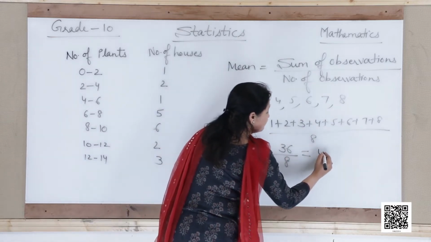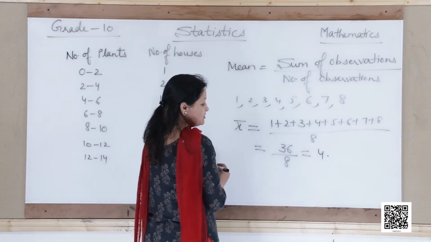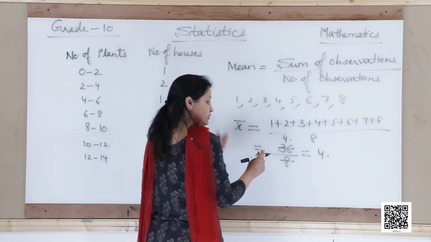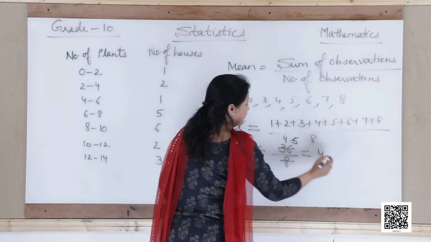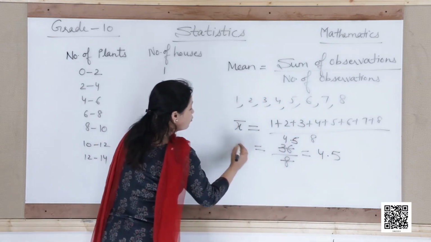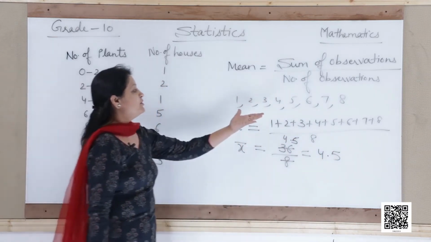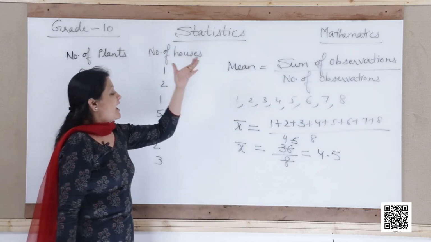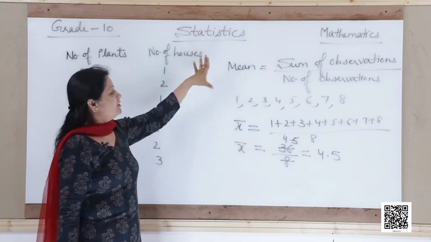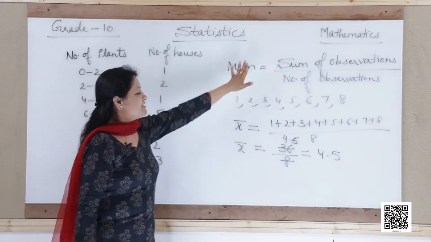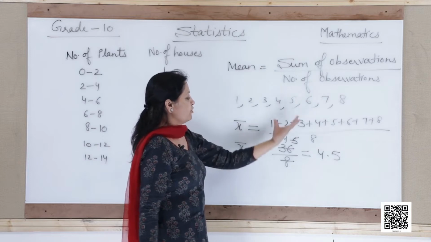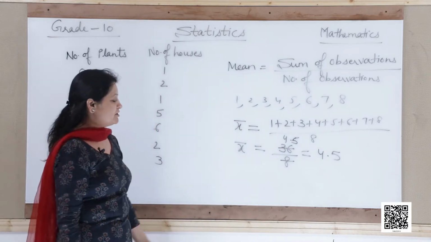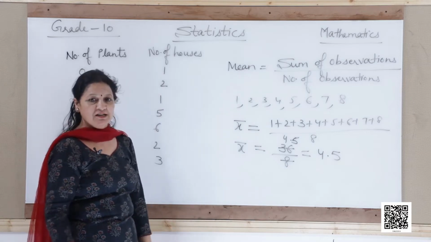Now 8 4s are 32, you can cancel it, and 4 is also there, 4 0, 8 5s are 40. So mean is 4.5. In between, mean means your average. So for ungrouped data, sum of observations upon number of observations, we have added and divided by the total numbers, so we have got 4.5 as the answer.